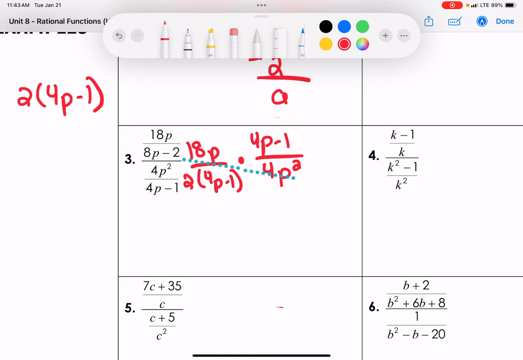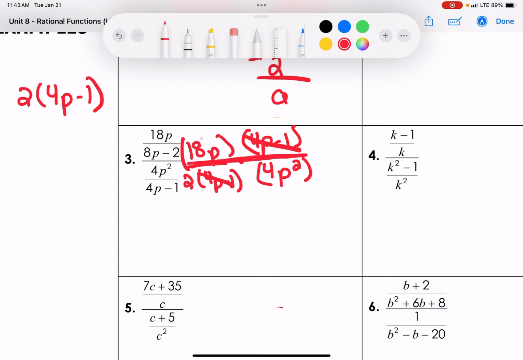All right, so now can I simplify? Does anything cancel out? So now this ultimately becomes, think of it as one big fraction, so we'll put that in parentheses, this in parentheses. So I have the 4p minus 1s, those cancel out.